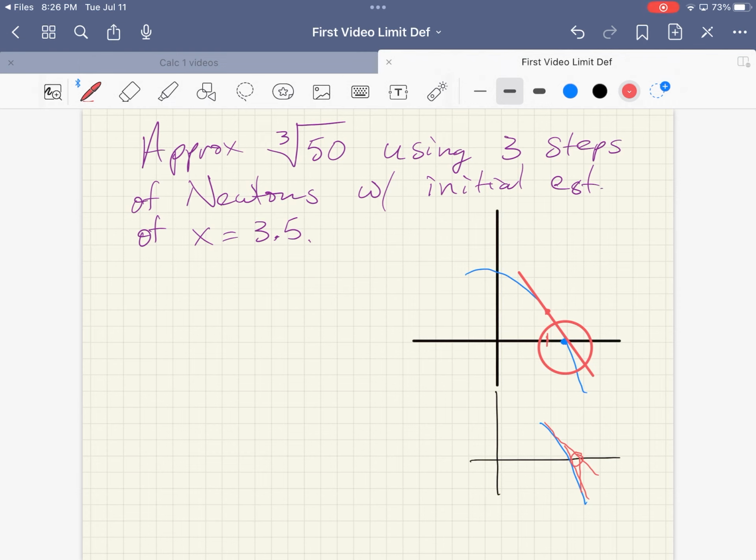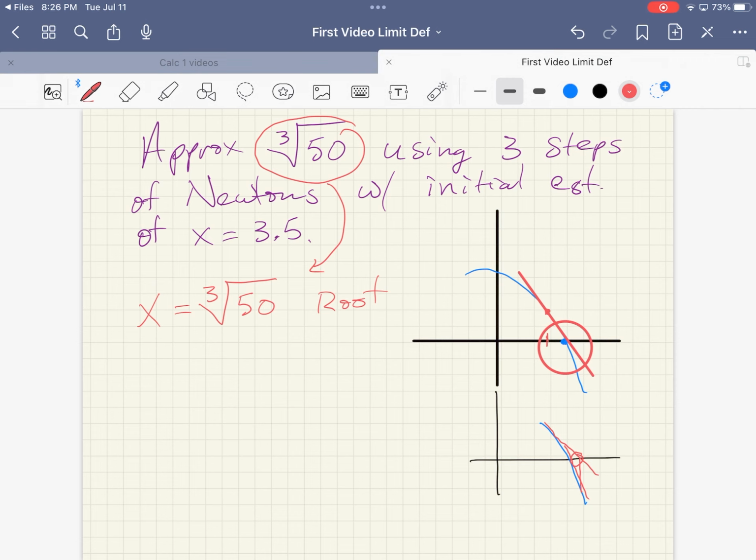Okay, so what we need is a function, because we're going to take the derivative of that function. So I need to somehow turn this into a function. I need x equal the cubed root of 50 to be my root, or my zero.